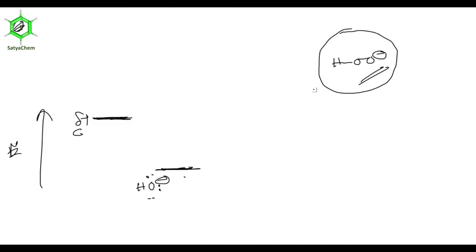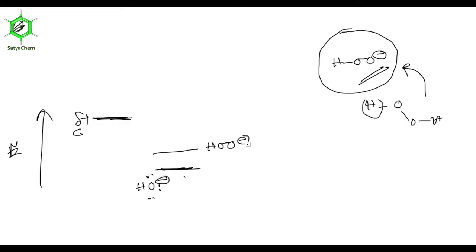This HOO minus has come from hydrogen peroxide. After deprotonation of the hydrogen, you will get HOO minus. Actually, the energy of HOO minus will be higher than HO minus.